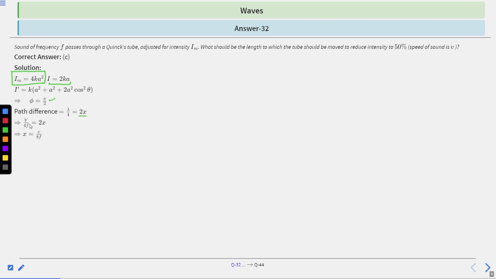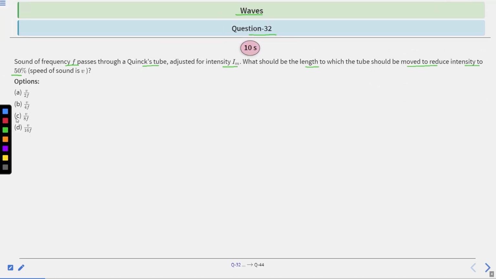So V divided by 4f is equal to 2x, so x is equal to V divided by 8f. So this is the answer, and the question asked what should be the length to which the tube should be moved to reduce the intensity to 50%. Clear? So option C is correct.